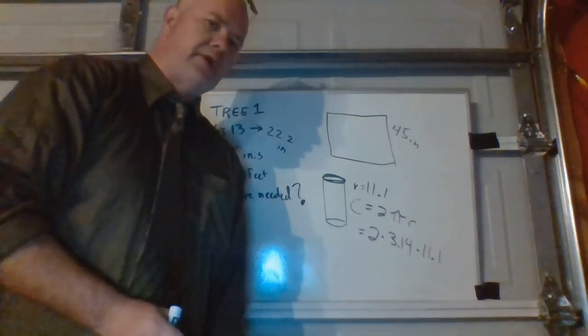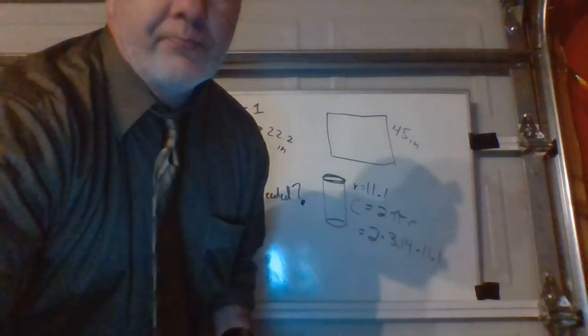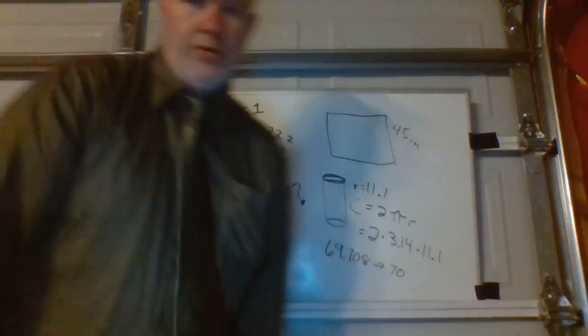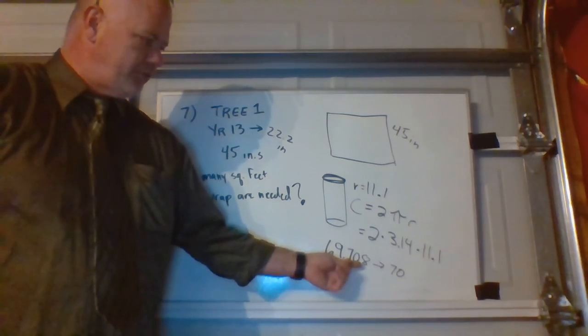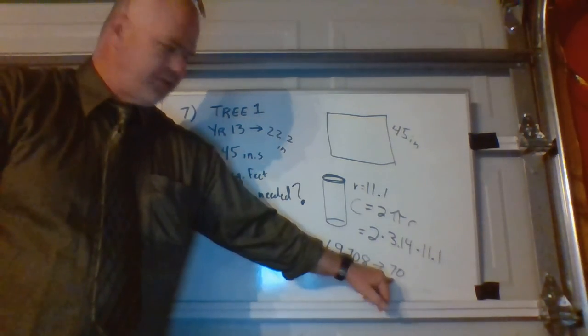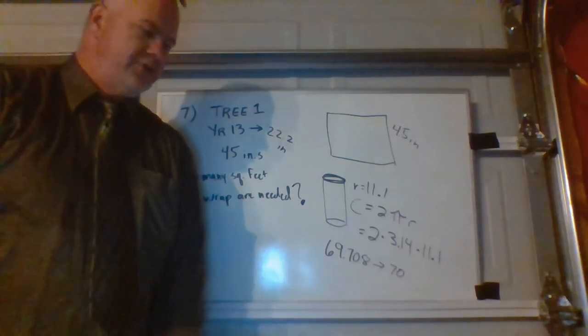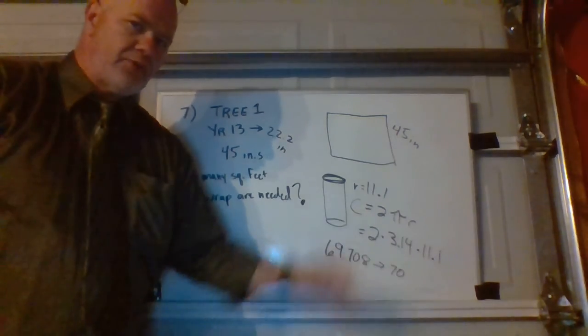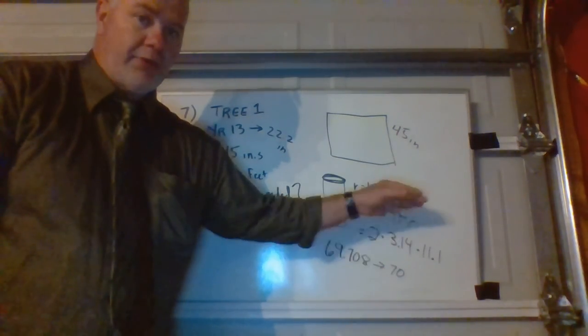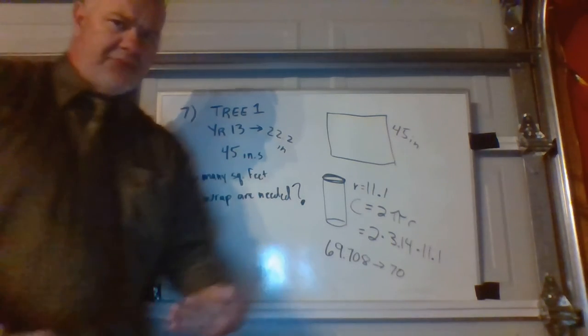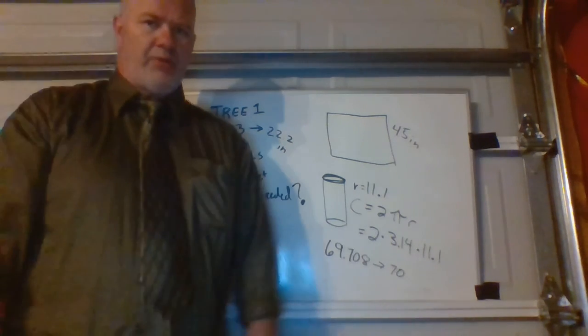I'm going to pause for a moment and punch that into our calculator. Okay, when we punch that into our calculator, we get 69.708. We're going to go ahead and just round that to 70 inches. So I guess we're not talking about the width here, we're talking about the length, because that number 70 is greater than the 45, but it doesn't matter because to find the area, we are going to multiply.